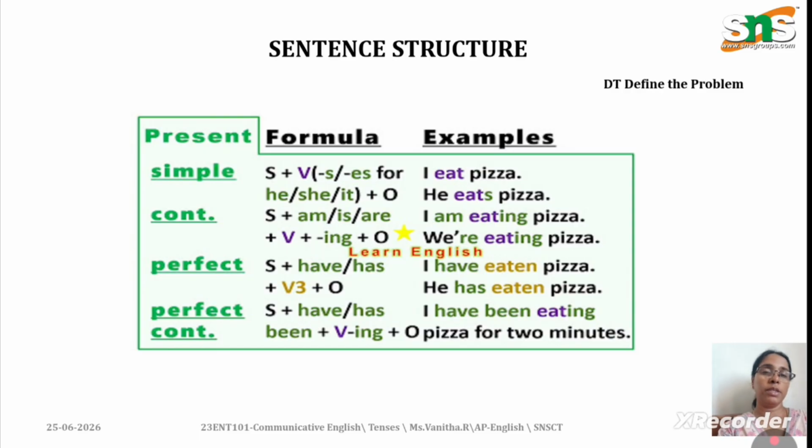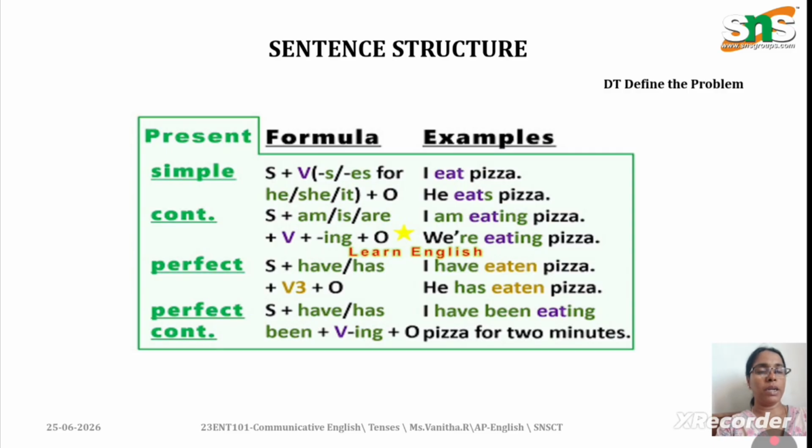So subject plus be verb, then the main verb, the action word, should end with the ing form of verb that denotes the continuous tense in a sentence. So I am eating pizza. That becomes present continuous. Then perfect tense. What form of verb do we use for perfect tense? Yes, the irregular, past participle form of verb.